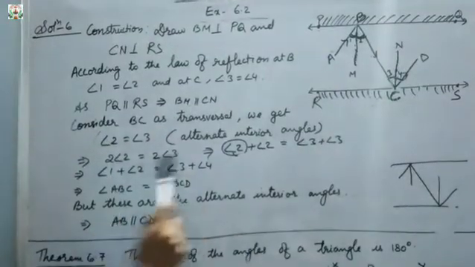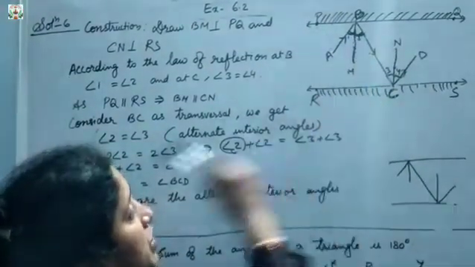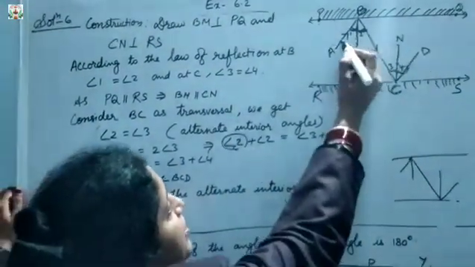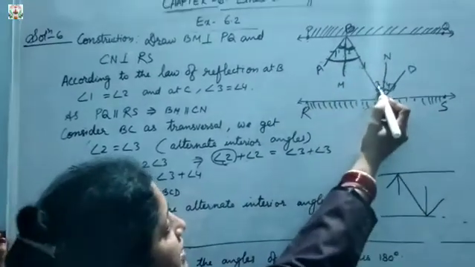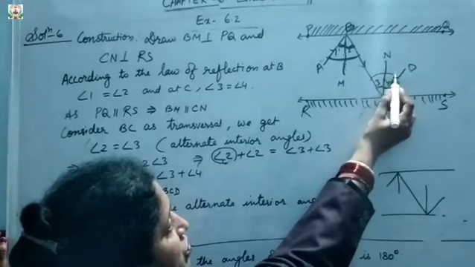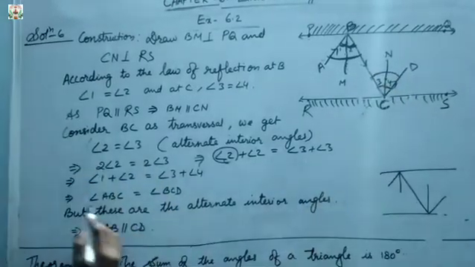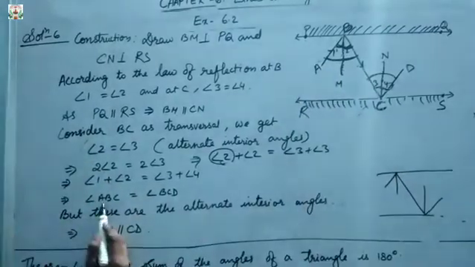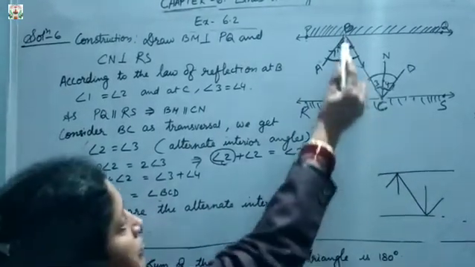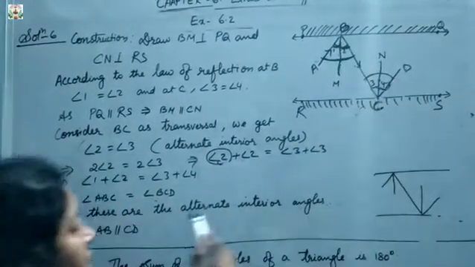So angle 1 plus angle 2 makes this whole angle, and the addition of angle 3 and angle 4 gives this whole angle. So I can write angle ABC equals angle BCD.